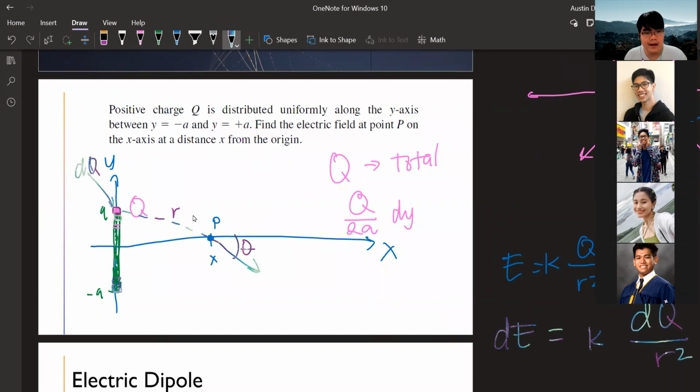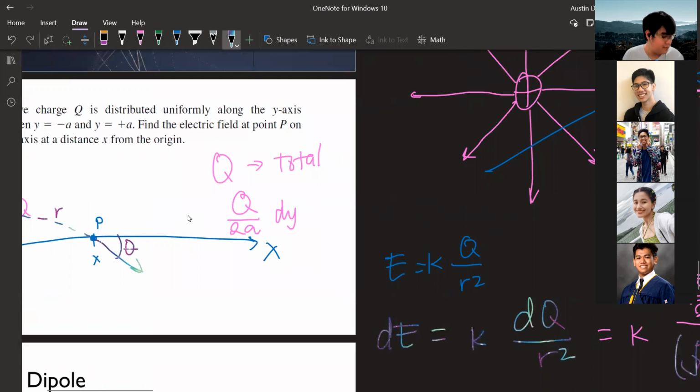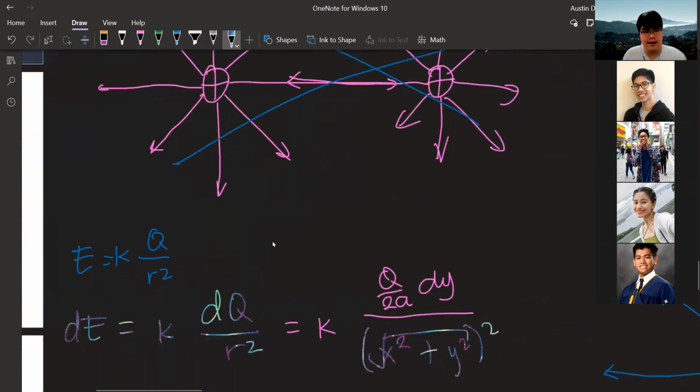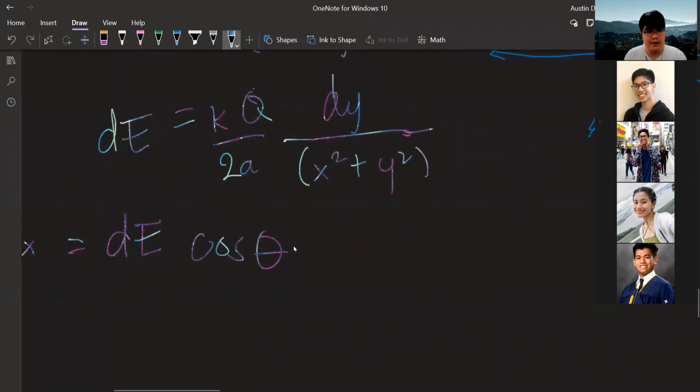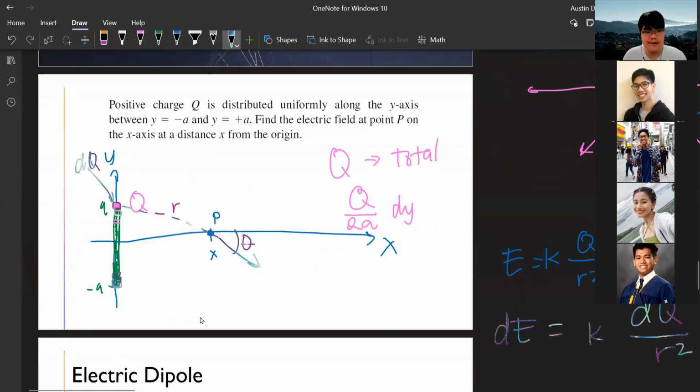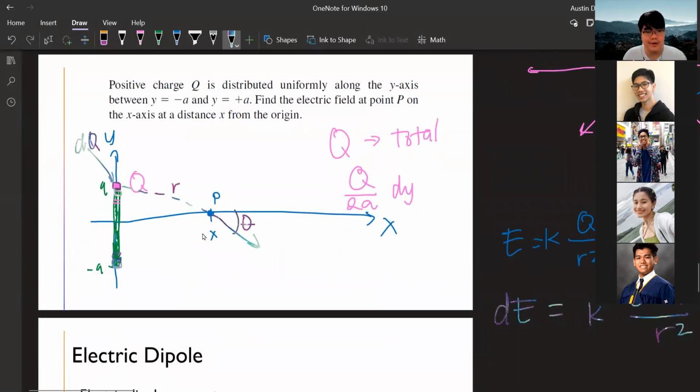And then, doing so, it's actually dE times yung adjacent. Ang cosine theta mo would be adjacent over the hypotenuse, which is this guy, x over r.